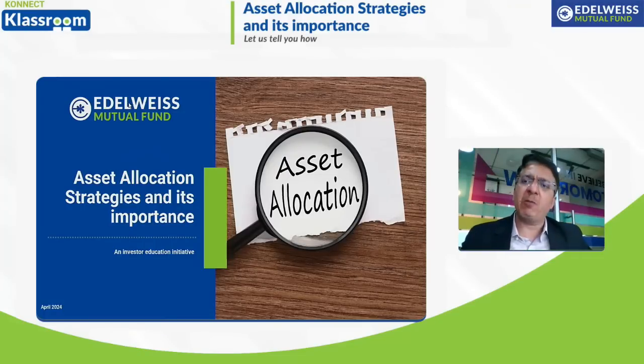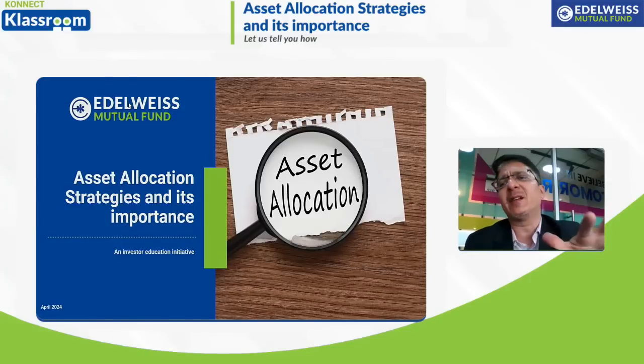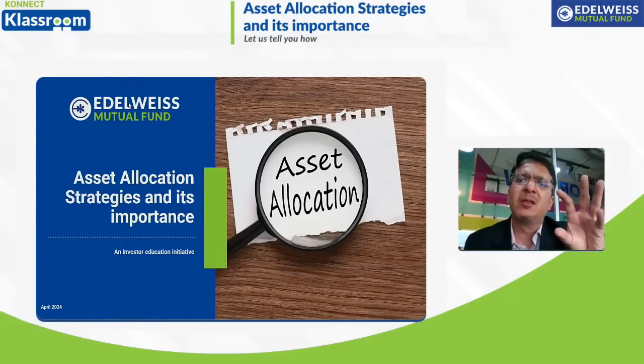And spread our investments across different investment asset classes. Now, very honestly, whether it's by design or by default, there is some kind of an asset allocation which we have all somewhere done, right?